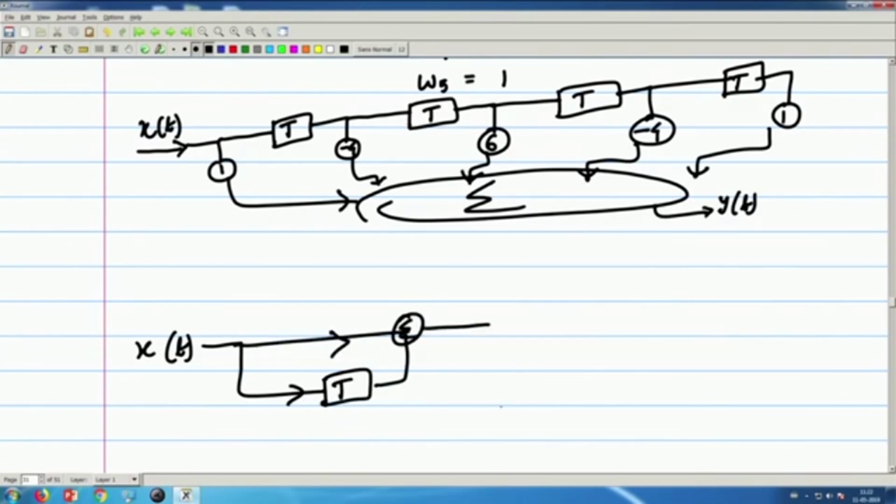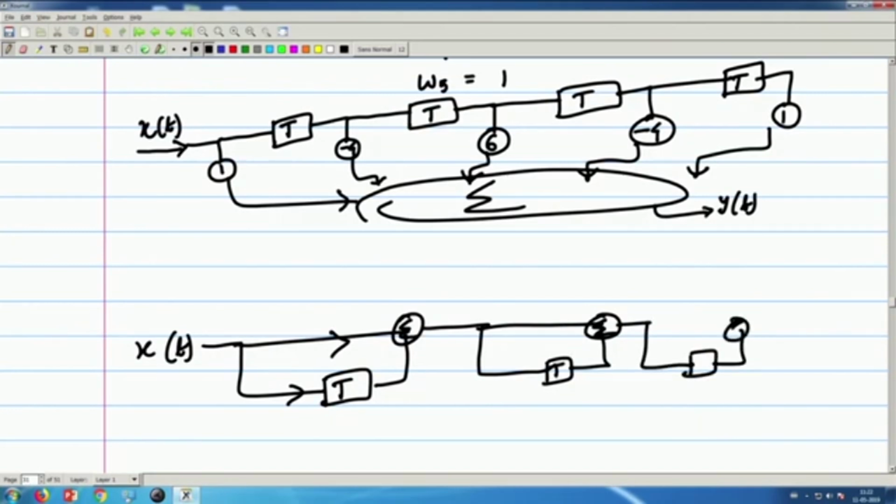So, this is one stage, then there will be another stage, then another stage, and then the 4th stage.